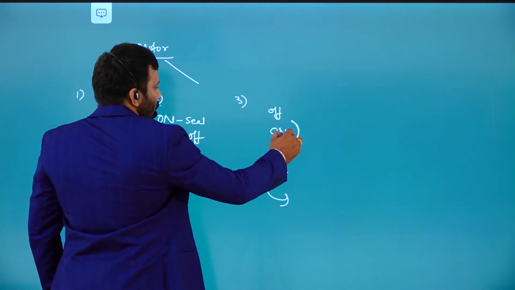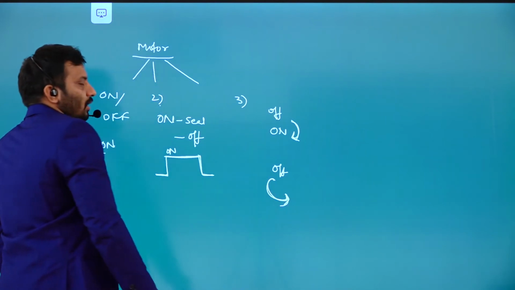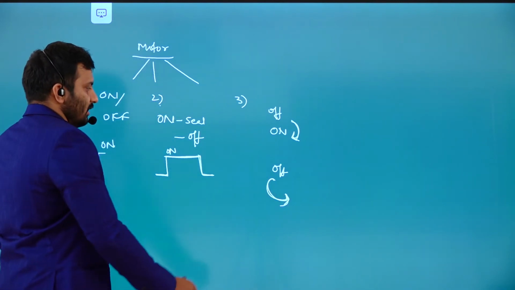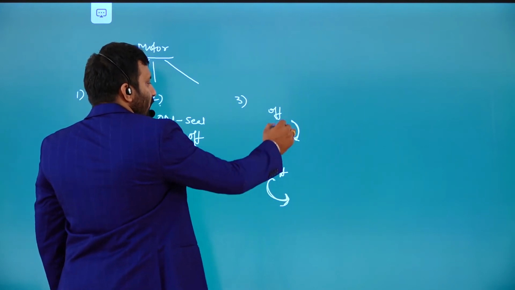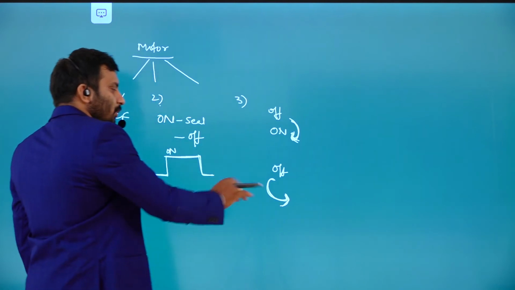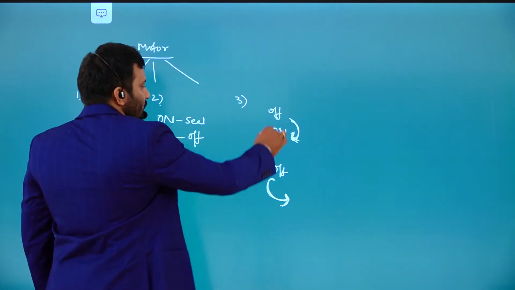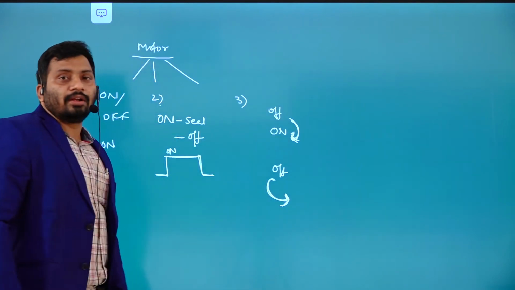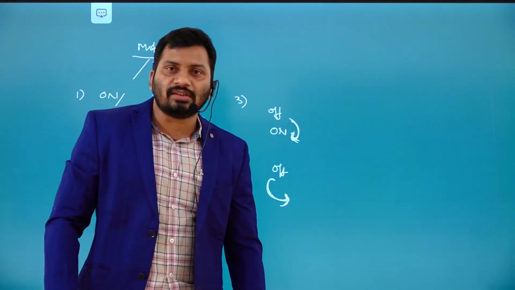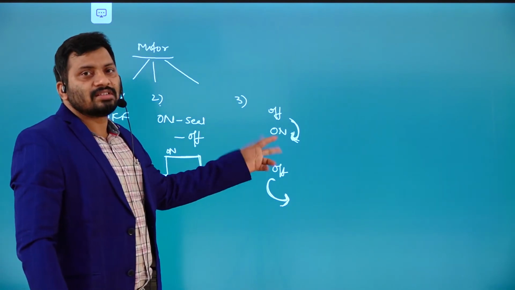Off, on and rotate in the clockwise direction, then off, rotate in the counterclockwise direction. While rotating in the clockwise direction, don't allow rotating in the counterclockwise direction. While rotating in the counterclockwise direction, stop rotating in the clockwise direction. We need to maintain this by using some interlocks.